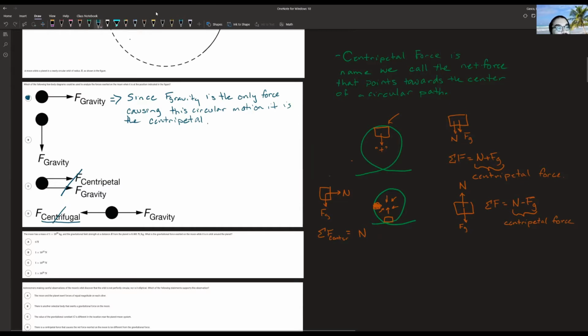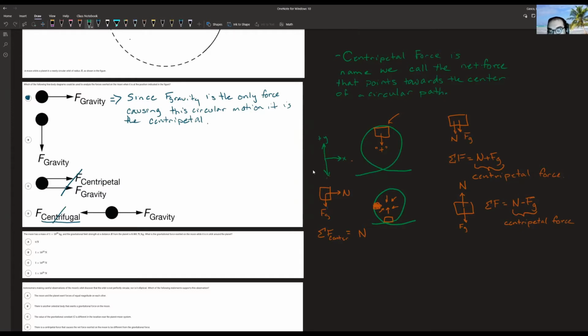Remember that for forces, we want to break it up into two directions that are perpendicular. So in this scenario, we would have y, and we could choose positive y to be up, or we could say negative y to be up. And then we would have this x direction be our other direction.